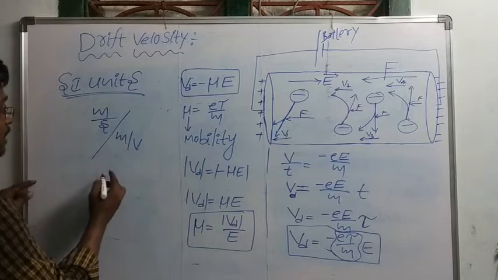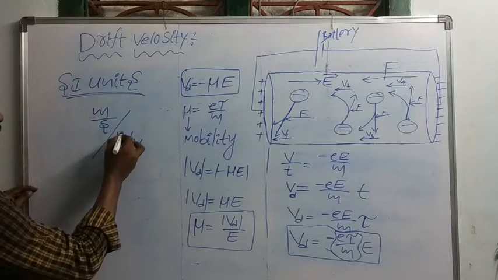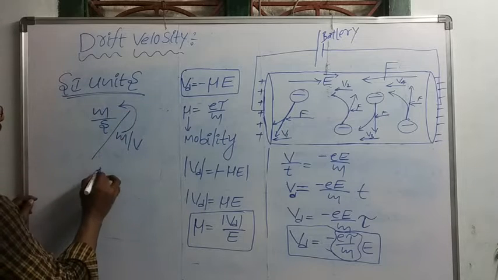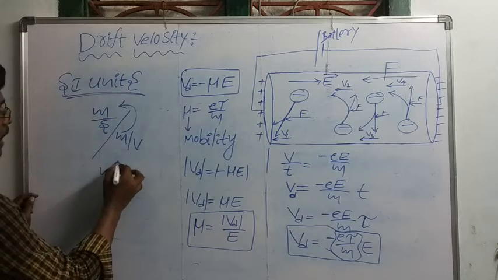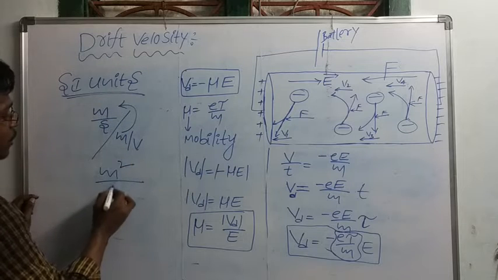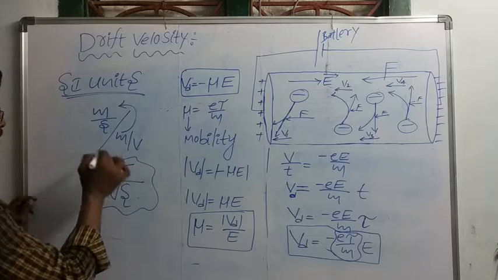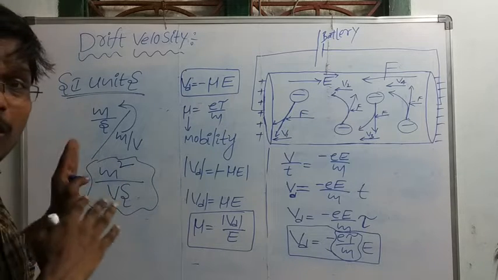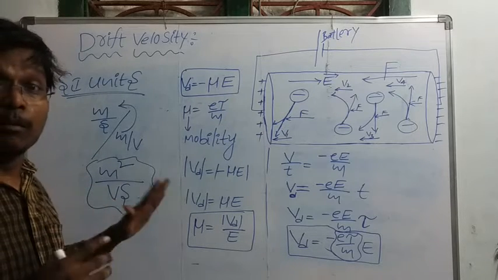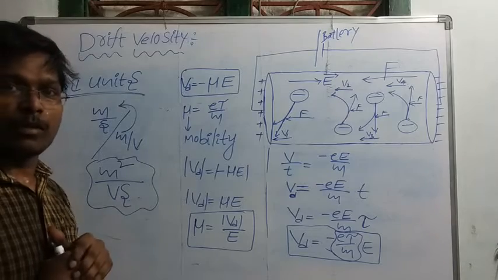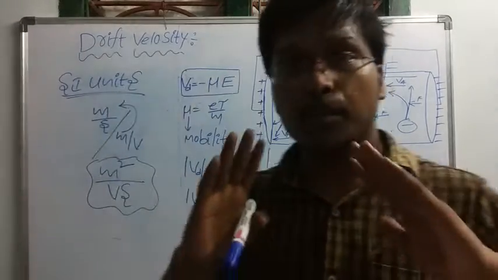Okay. So after that what will happen? This will go in the numerator. So m into m, that is m square by v into s. This is the SI unit of mobility. You can remember this term. It is a very important term.